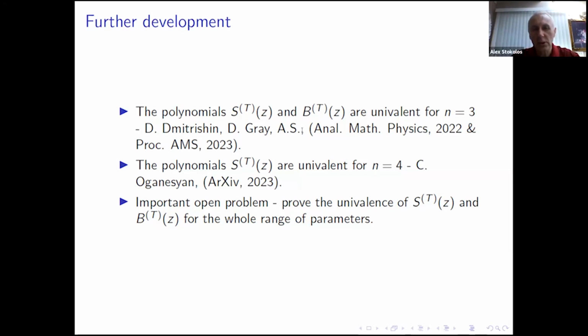And unfortunately, no advanced mathematics can be applied here. You have to show that the boundary has no self-intersection, no loops. It's a kind of combinatorial tour de force proof.